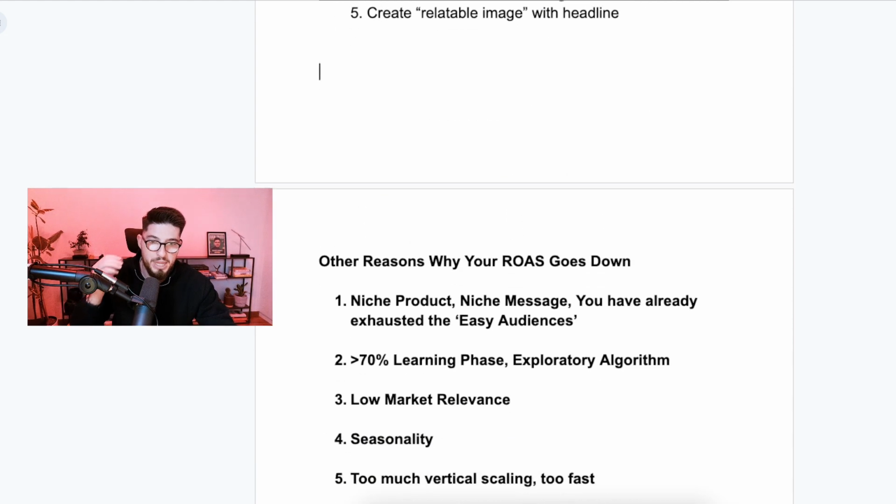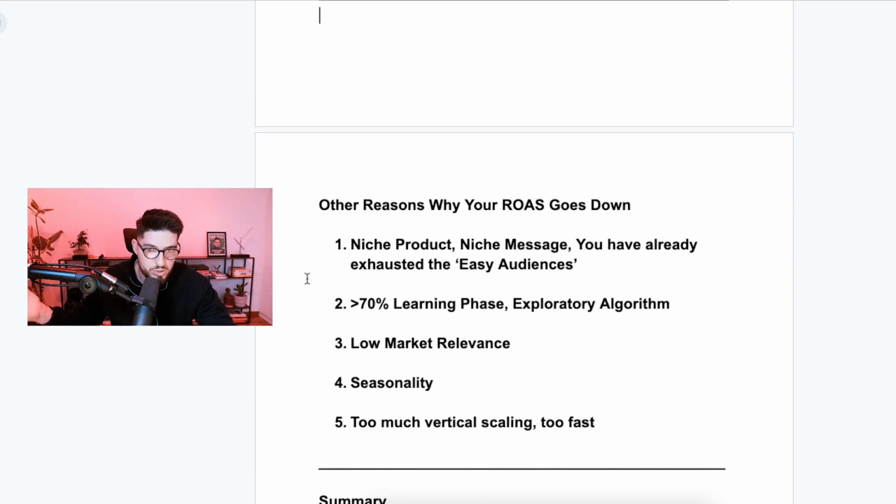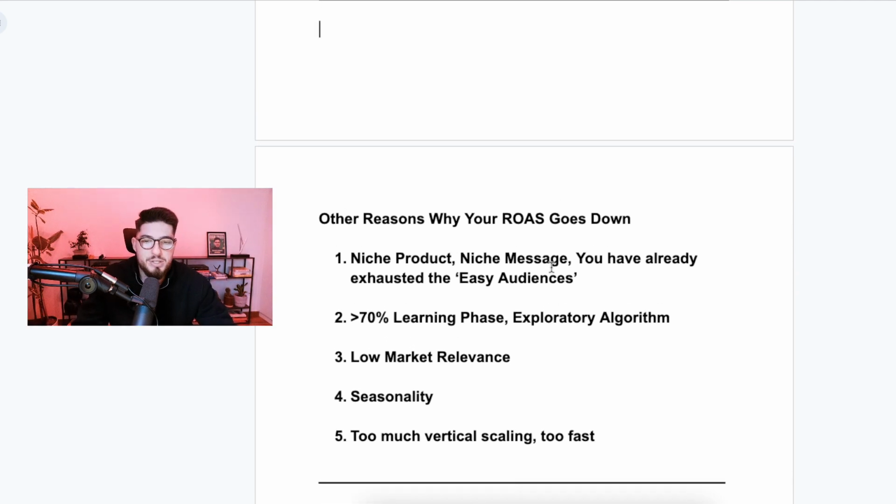And so, last thing, all the reasons why your ROAS goes down. Of course, you're selling a very niche product with a very niche message, and you have already exhausted the easy audience, so now you have to go to a broad market with a different approach. Or you have over 70% learning phase, so you are in the exploratory algorithm instead of being in an optimized algorithm where the machine is smart.